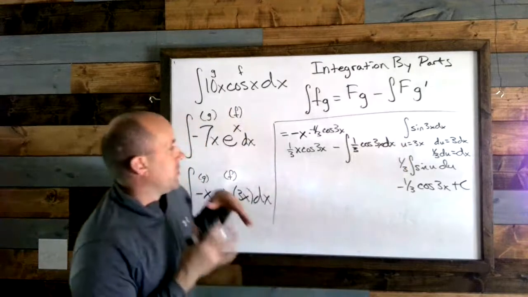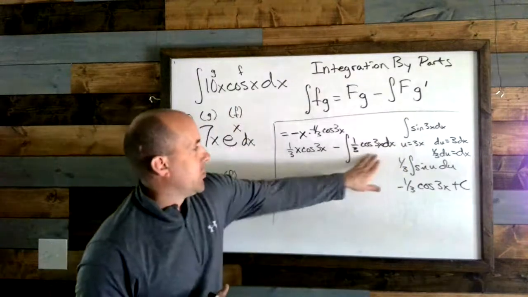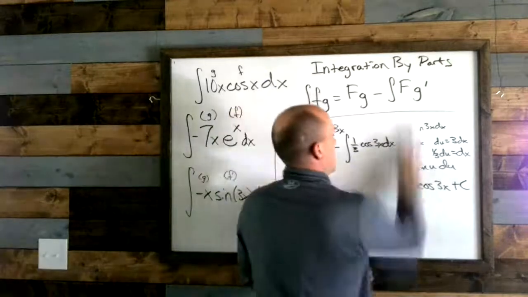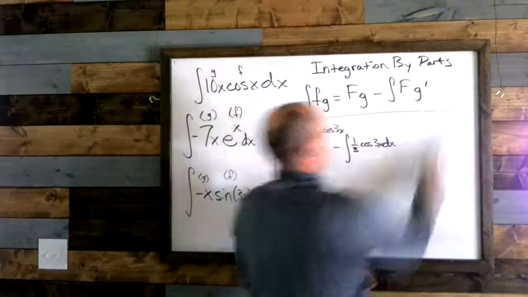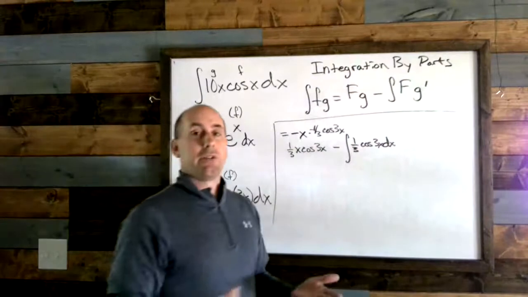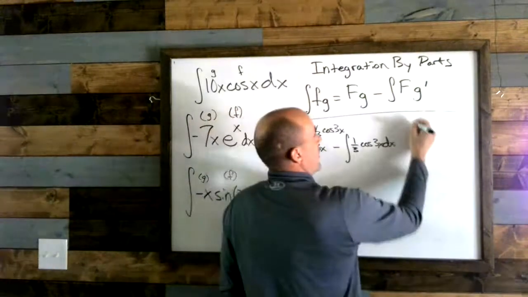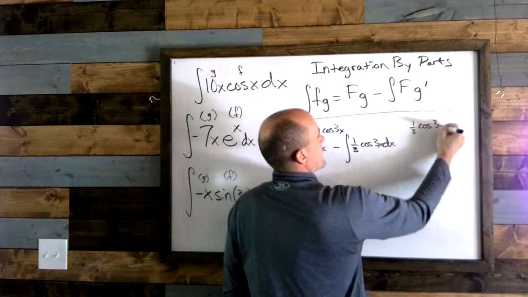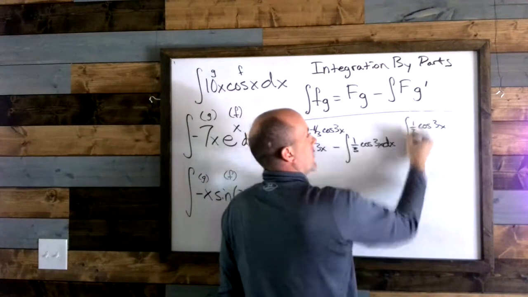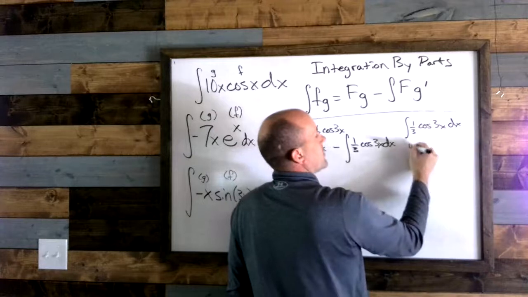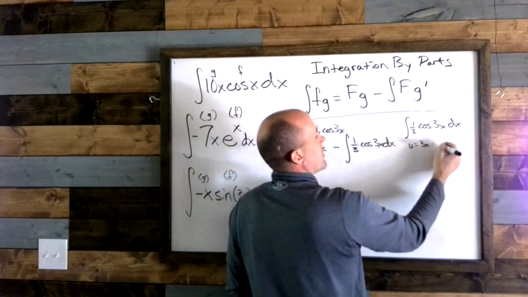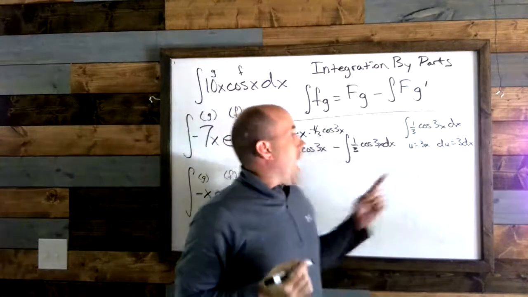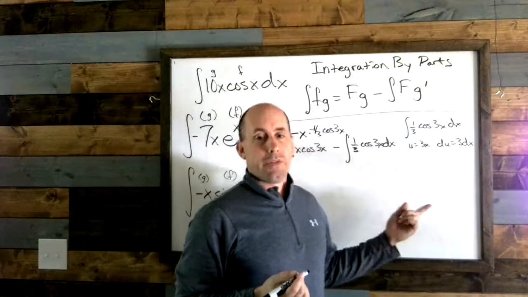So in order to answer this, I just have to do this piece right here. I'm going to need to use substitution again. I have 1/3 cosine of 3x dx. That means u is equal to 3x, so du is equal to 3 dx. I don't have a 3, I have a 1/3.